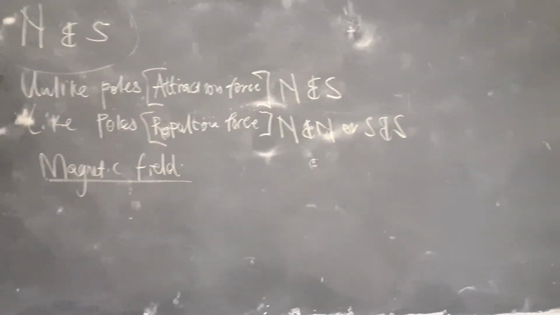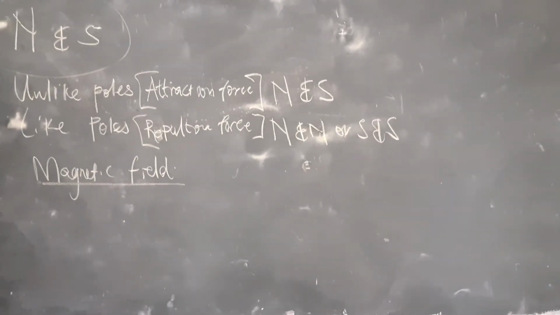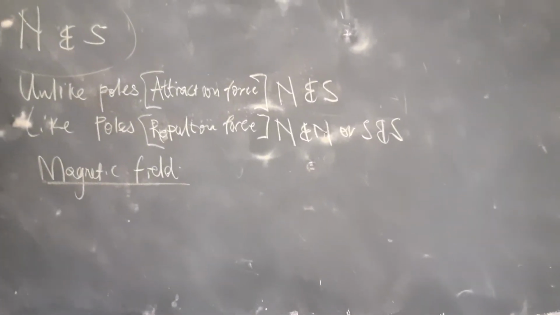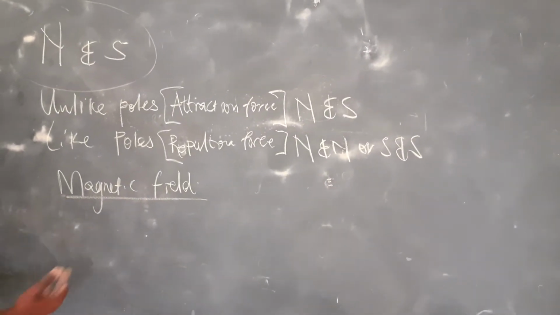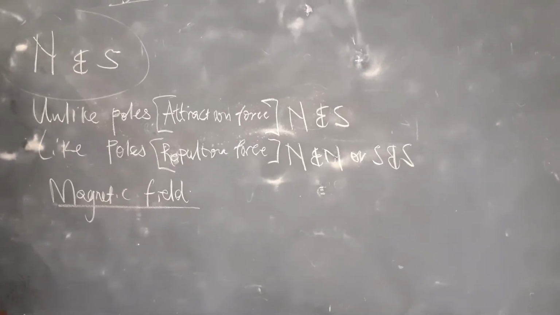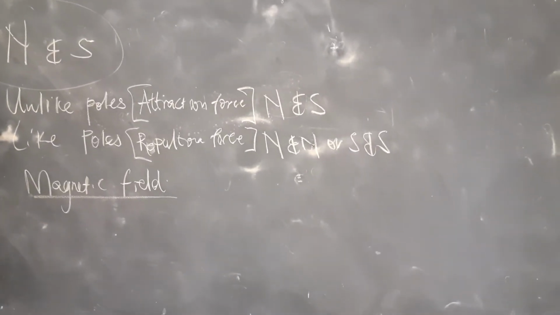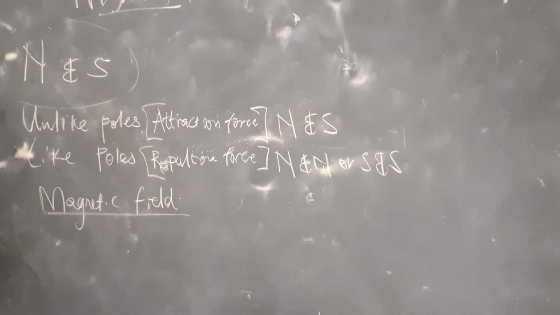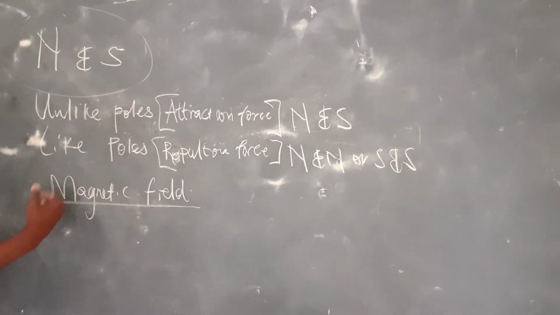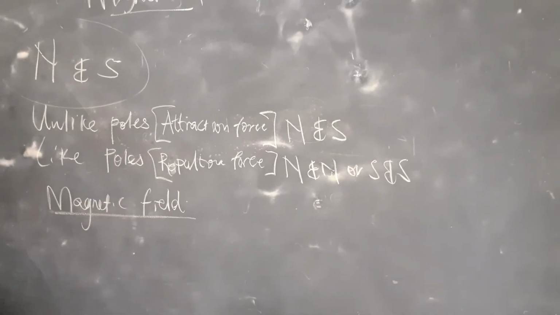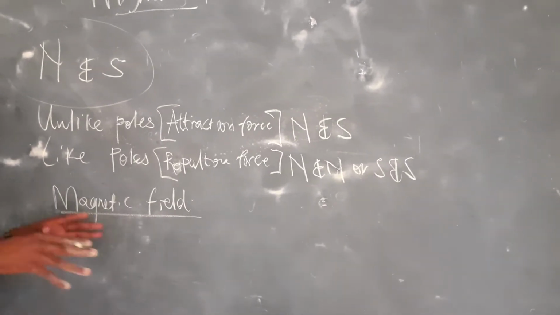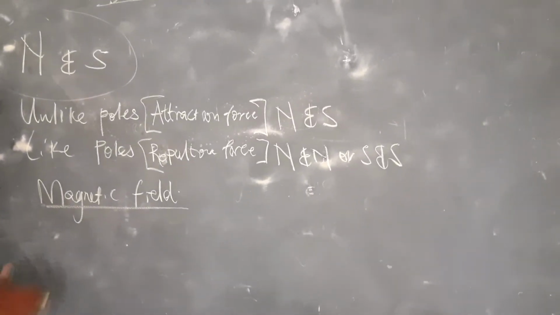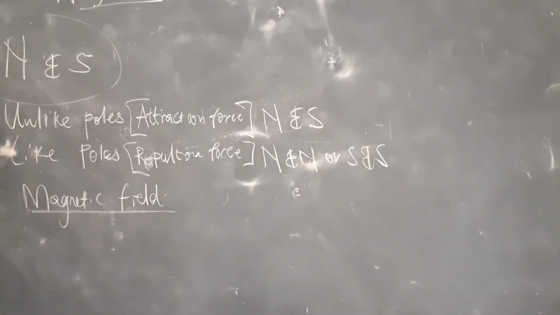So all of them, neutral, can be attracted to the magnet, whether near the north or south. We can talk about steel and iron and all those. Those can experience a magnetic field. But remember that a magnetic field is a region of space, a place or location where anything that falls under that particular location will experience this magnetic force.